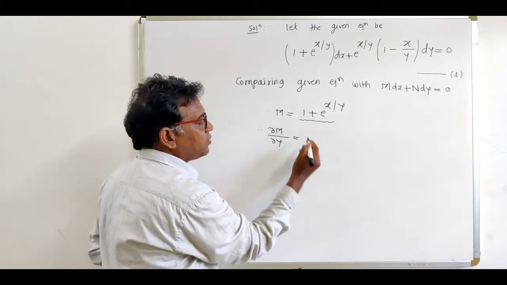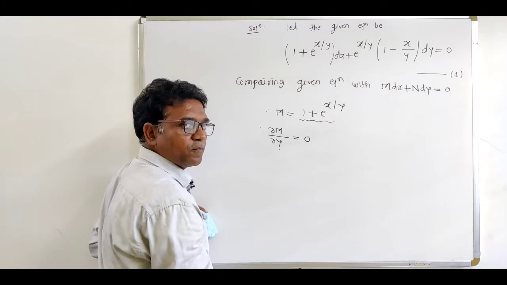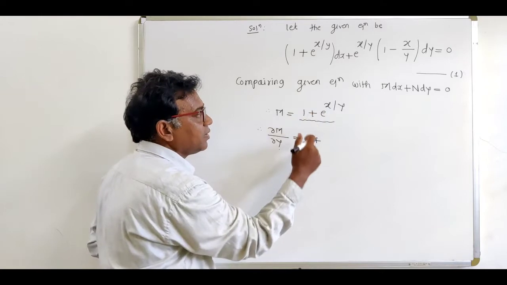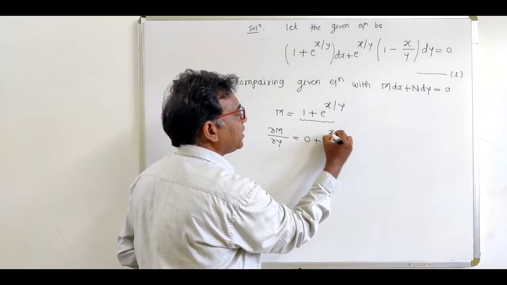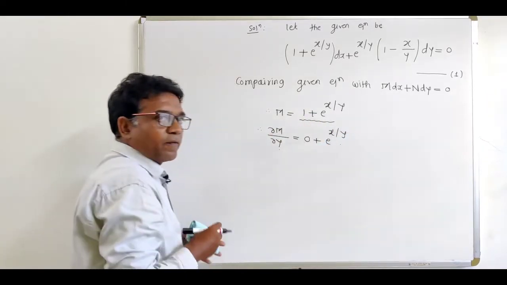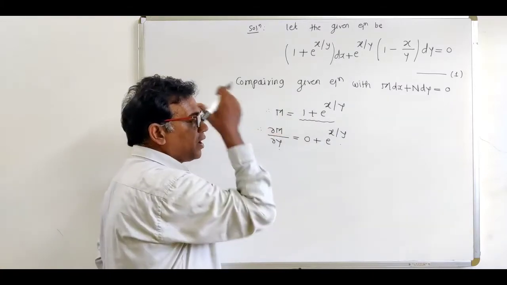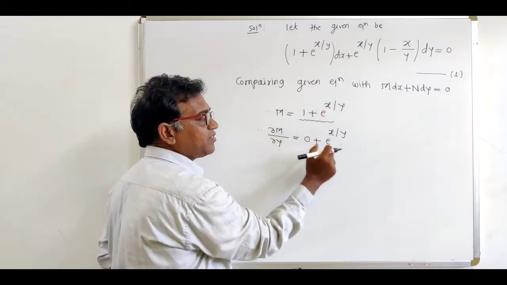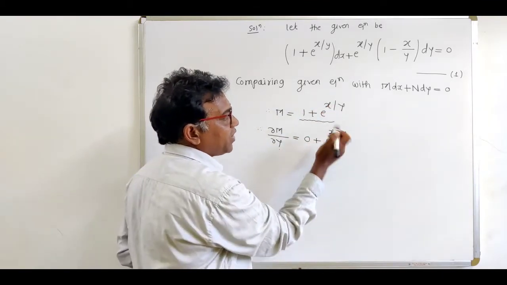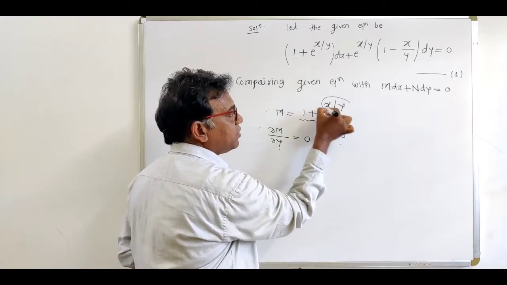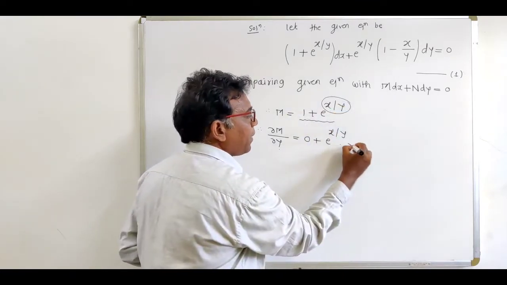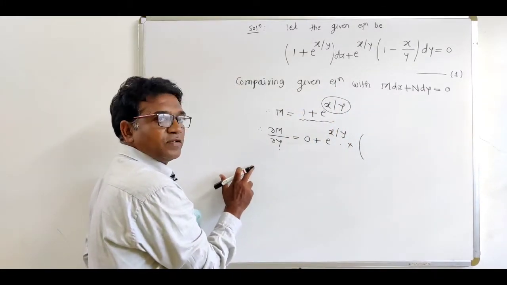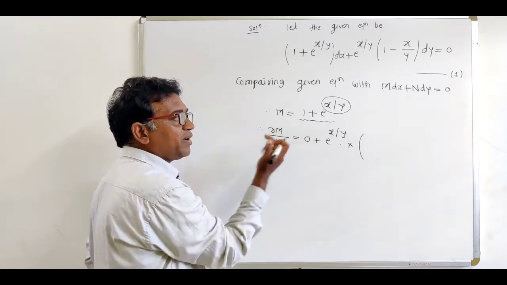1 is a constant term, so its derivative is 0, plus the derivative of the exponential term. The derivative of the exponential term is the same, e raised to x upon y, into, according to the chain rule, the derivative of the inner function x upon y by keeping x constant. Del M by del y means we have to treat x as a constant.